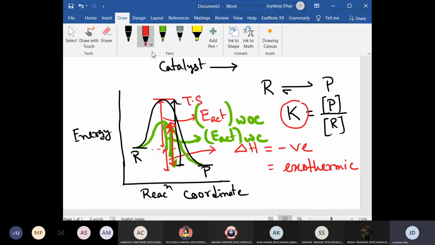So that will remain constant. You use catalyst or you don't use catalyst. Only thing, it will reduce the time. It will reach fast. If you add catalyst, you can achieve the equilibrium very fast by reduction of the activation energy. For forward reaction I'm talking about.